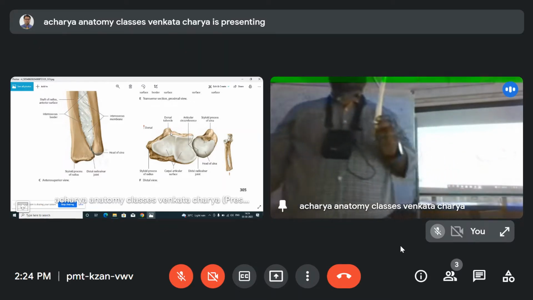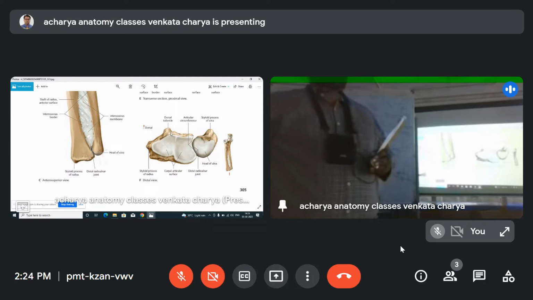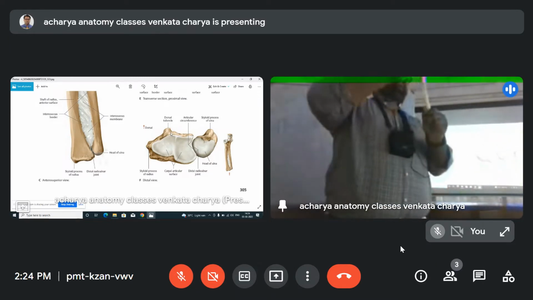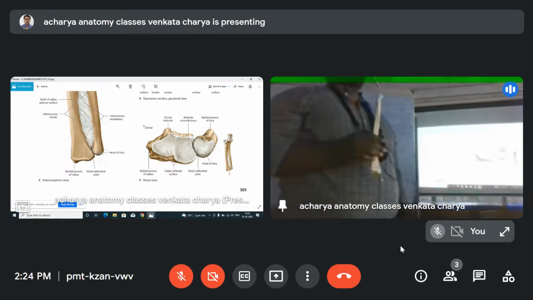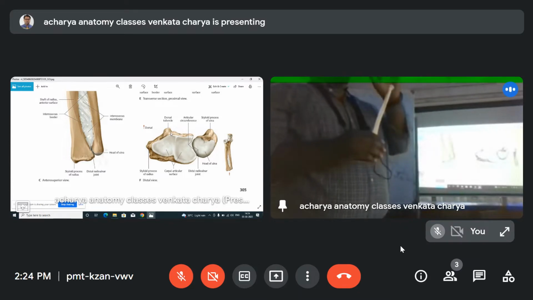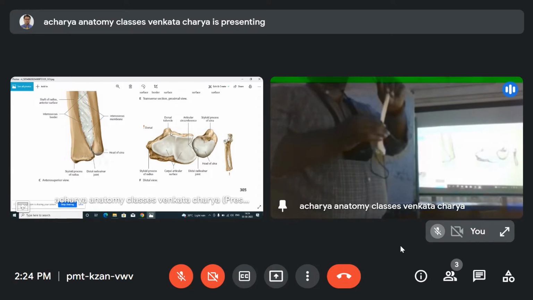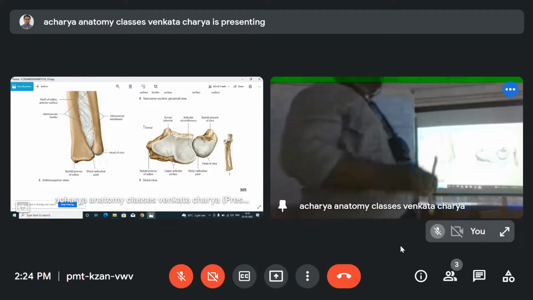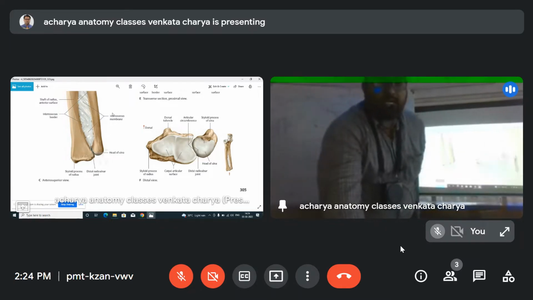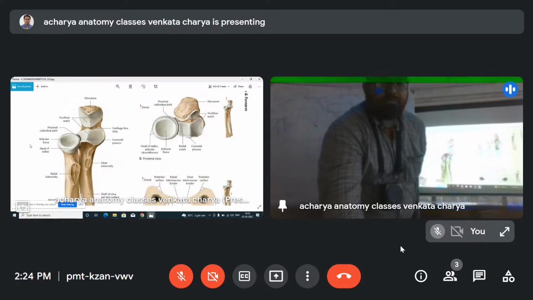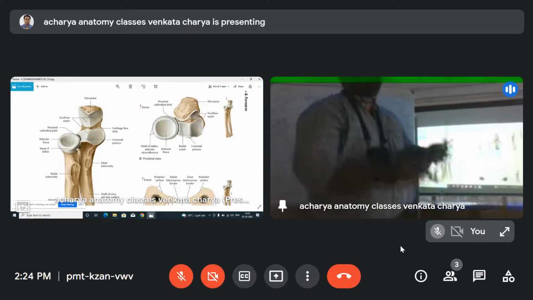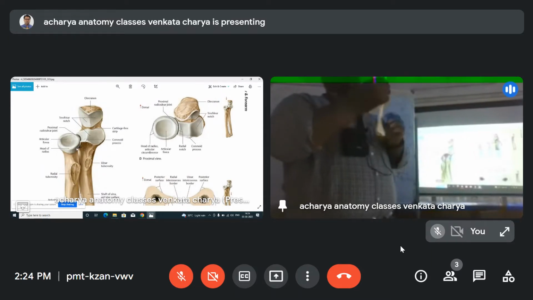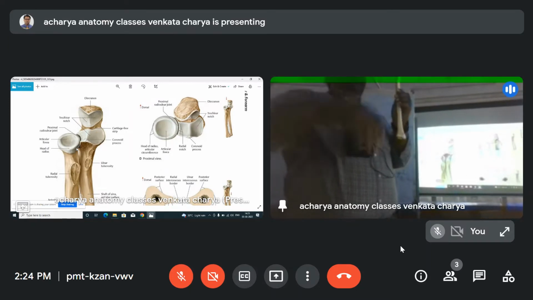Okay, are you getting? Then come to the parts of the radius. The radius consists of 3 parts: number 1, upper end; lower end; shaft. First we discuss the upper end. See here, this part is the upper end, right? Upper end consists of the head, the disc shaped head.